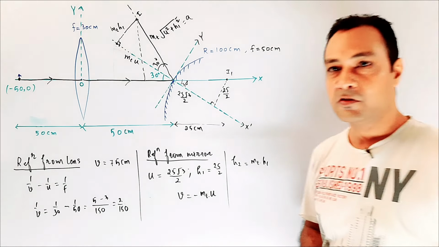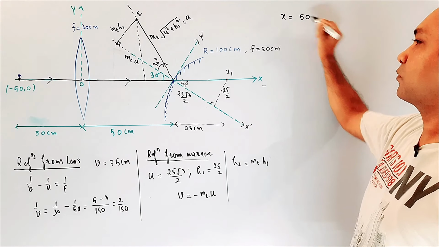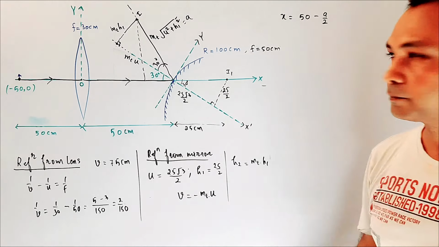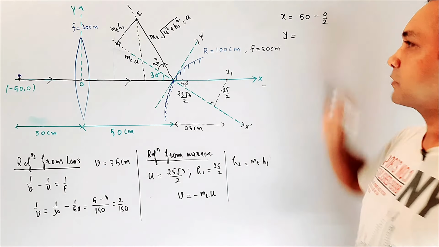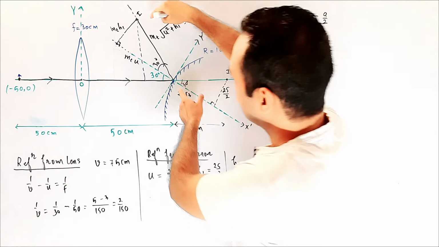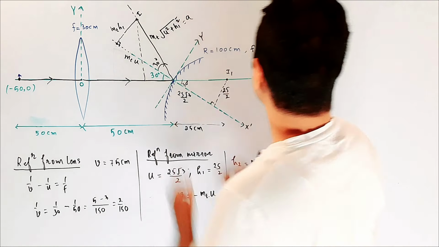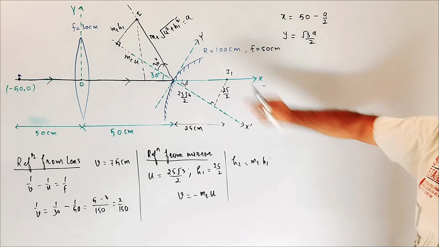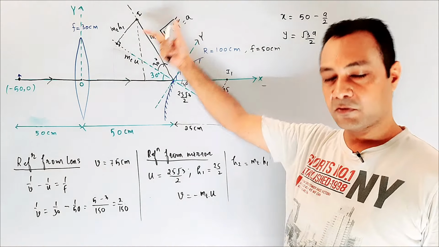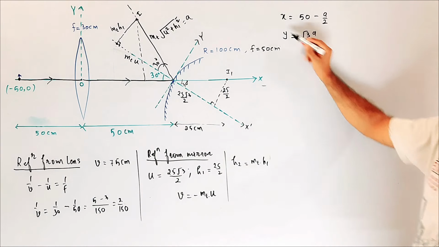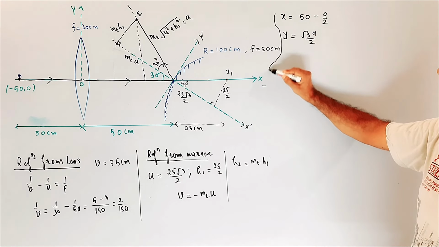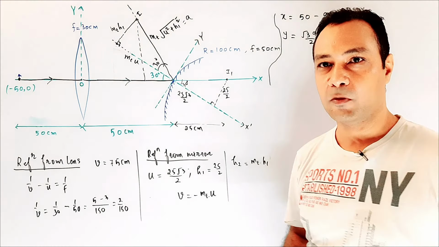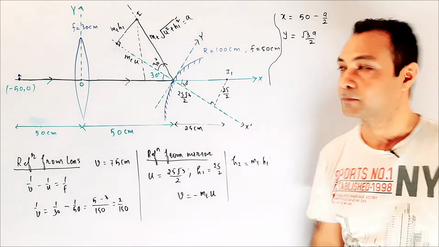So the coordinates of the image are 50 minus a cos 60, meaning a by 2, and the y coordinate is a sin 60, which is root 3 a by 2, and a is this mt, which we will calculate later. But I want to get a relationship between x and y independent of a, so that we can check from the options which of them satisfy this finding.